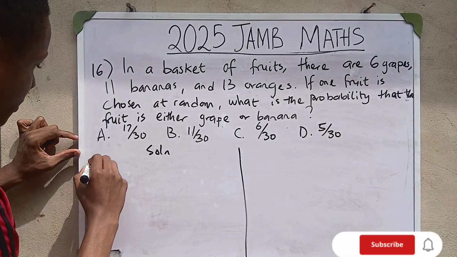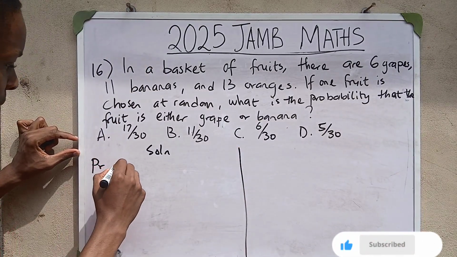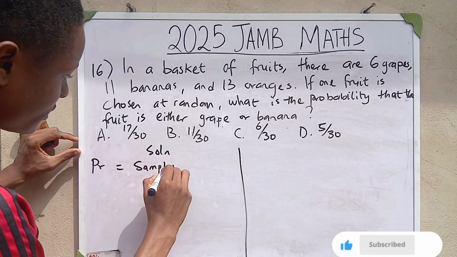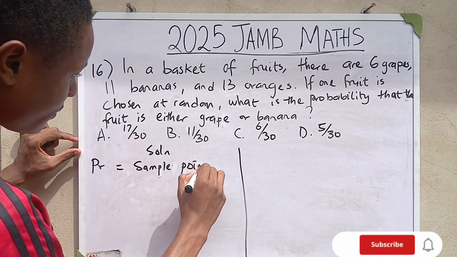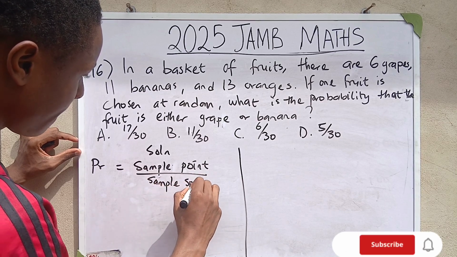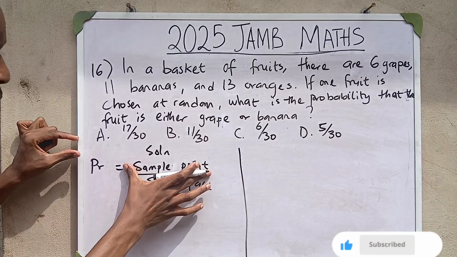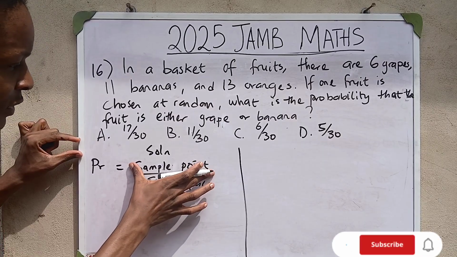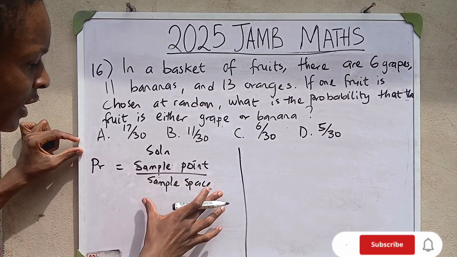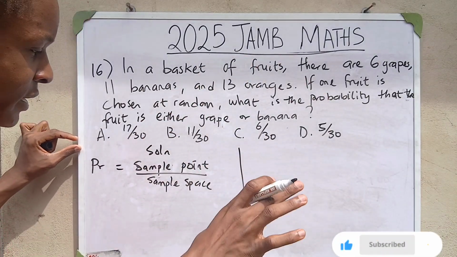So, remember, probability is sample point over sample space. Sample point is the total number of that element, while sample space is the number of the whole elements added.